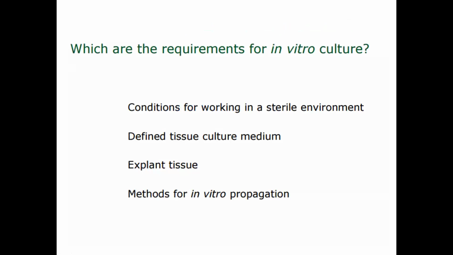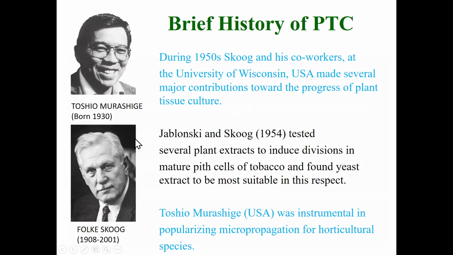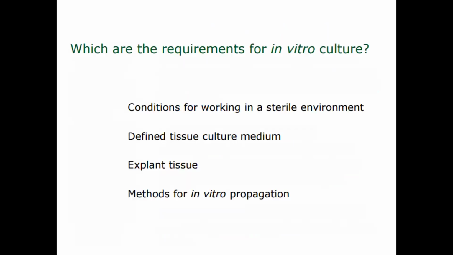So, which are the requirements for in vitro culture? If you are asked what Murashige and Skoog are famous for, they are famous for the development or discovery of the Murashige and Skoog medium, that is MS medium, which is widely used for plant tissue culture.